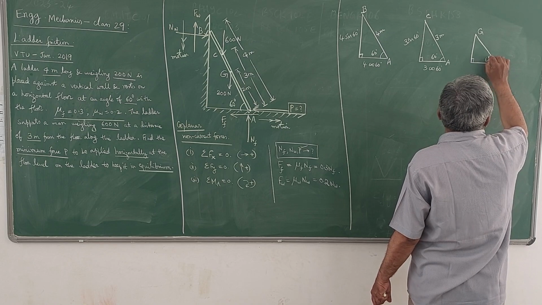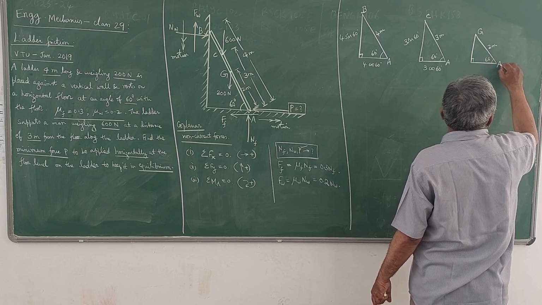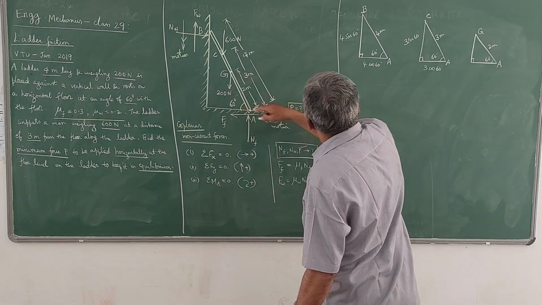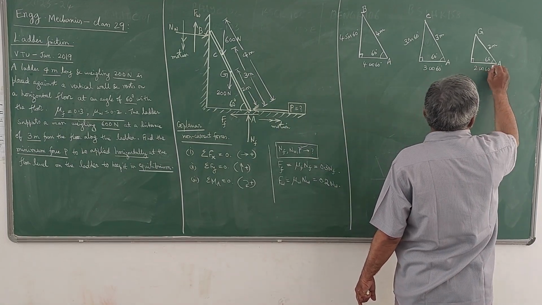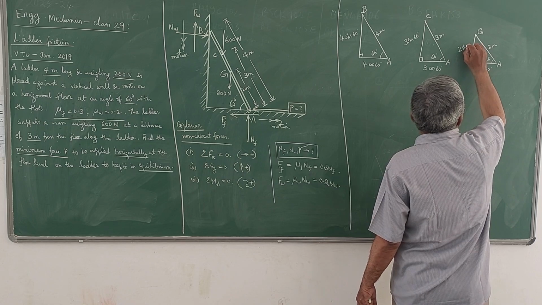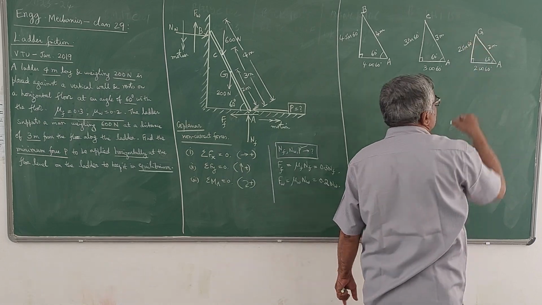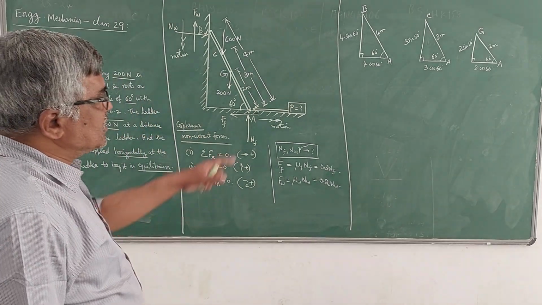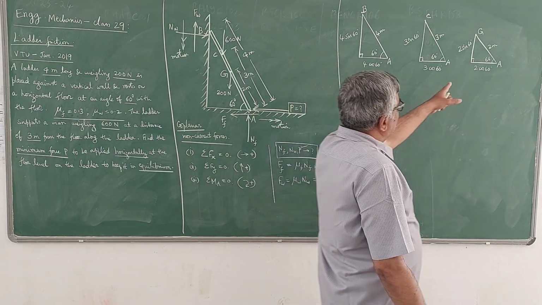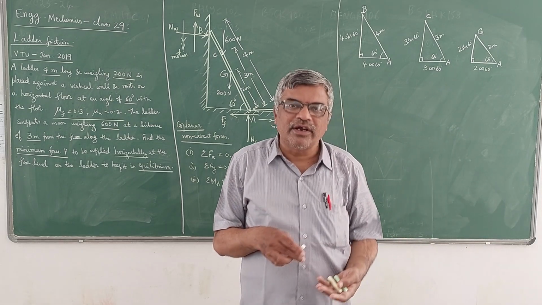Once again, this distance is 2 meters. So here this becomes 2 cos 60, this becomes 2 sin 60. Now once you know these distances, they are very much required because we have to calculate the moments.